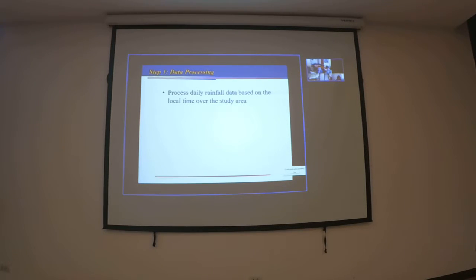Our data set is available every 30 minutes or an hour, while the local gauge daily rainfall potentially has a different time, maybe local time, from some areas, maybe from 8 o'clock in the morning to 8 o'clock the next morning. So for the daily total rainfall, we have to adjust our daily rainfall to local time in the same time scale, so that it can pair at the same time for the analysis. So this is the first step.